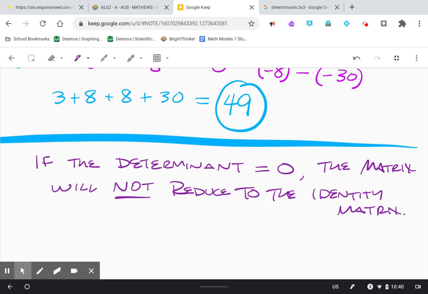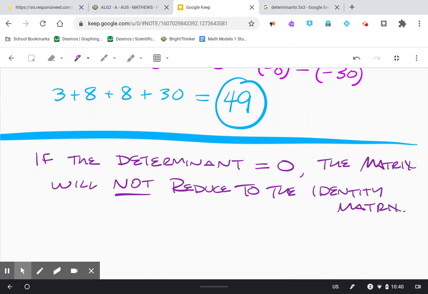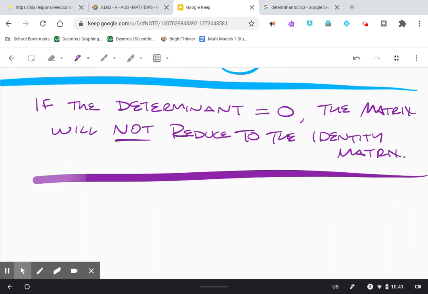So that tells you that any other number, 4, negative 6, 49, like our example, it will reduce. So that's kind of your big rule right there.